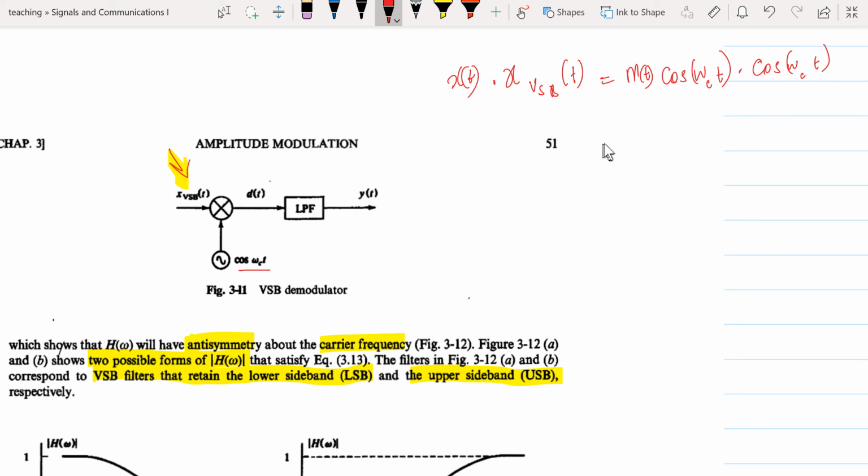You just follow the same thing, you're going to find that we end up with a half of m(t) that has a 1 plus a double frequency component that we were able to see something like this. And therefore, we are able to remove this term using the low pass filter. And this shows that if the frequency response H(omega) will have anti-symmetry about the carrier, as shown in figure 3.12.